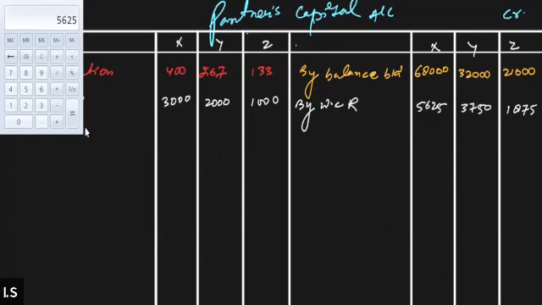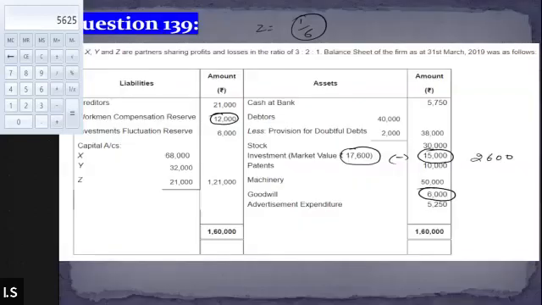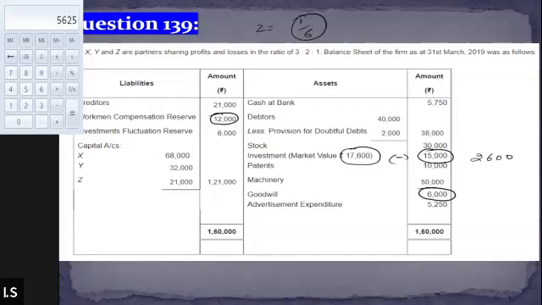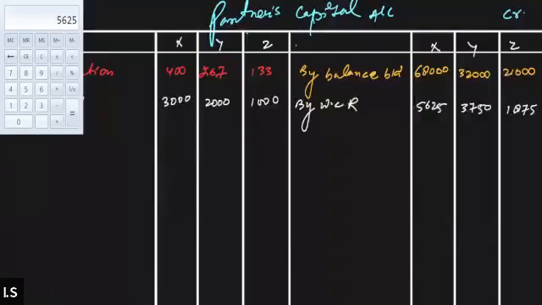Yes, sir. Okay, then in the balance sheet we have the investment fluctuation reserve as well, right? Investment fluctuation reserve is appearing at rupees 6,000, and there is no information given in the question regarding its treatment. So how are we going to deal with this? If nothing is given in the question, we can simply distribute it among the partners in the old PSR, right?